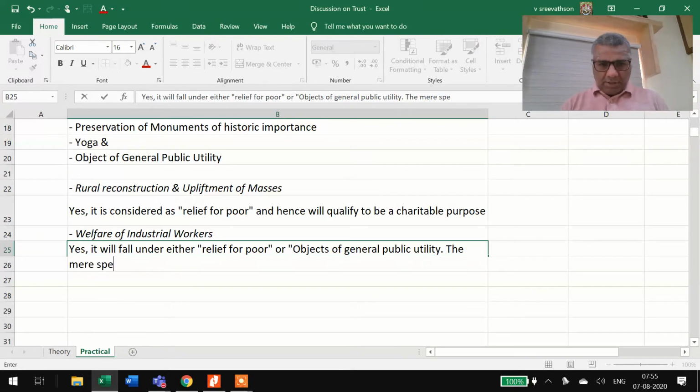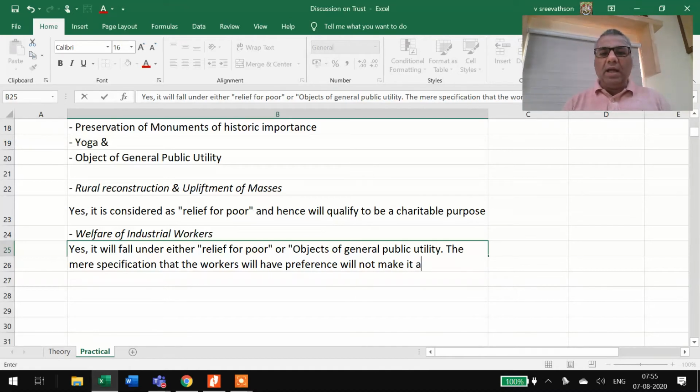The mere specification that the workers will have preference will not make it a private trust.